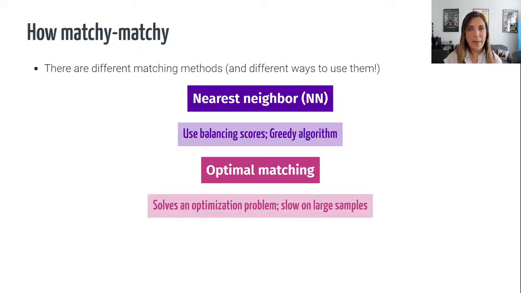In that sense, optimal matching comes in, and basically this solves a global optimization problem. So again, not just locally for one unit at a time, but takes the whole thing and basically minimizes, for instance, the distance of balancing scores between the treatment group and the control group for the matched units. One of the main problems here, and it will be a problem for most matching mechanisms, is that it's very slow on large samples.